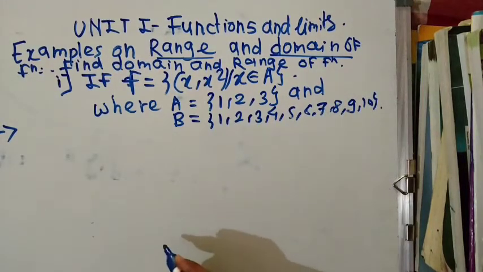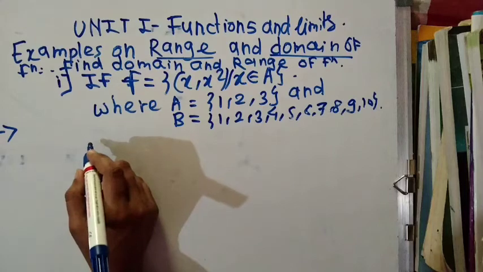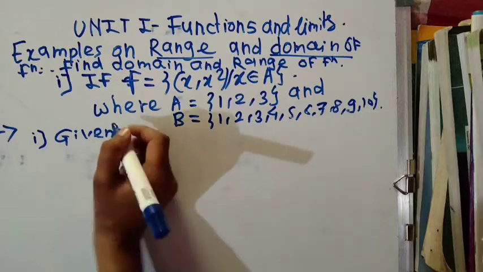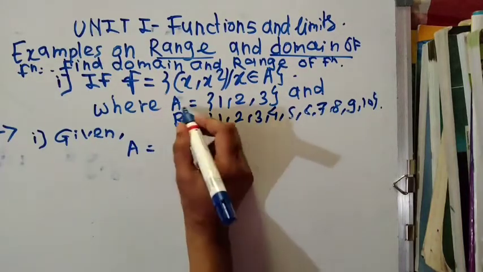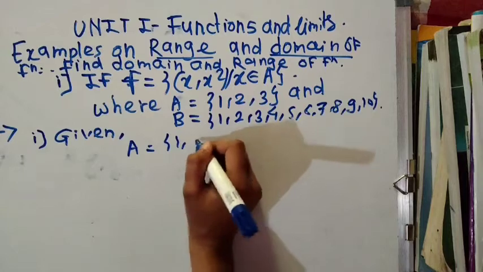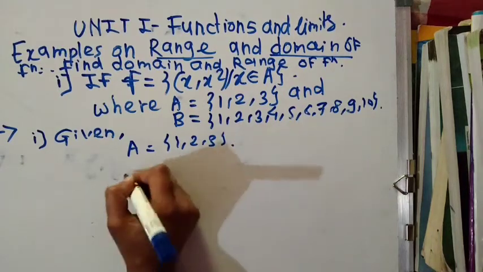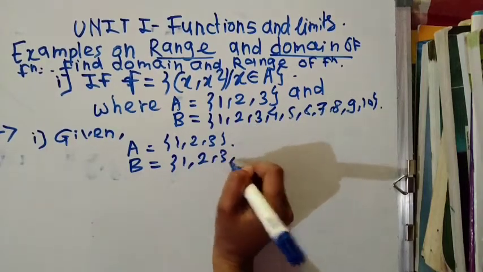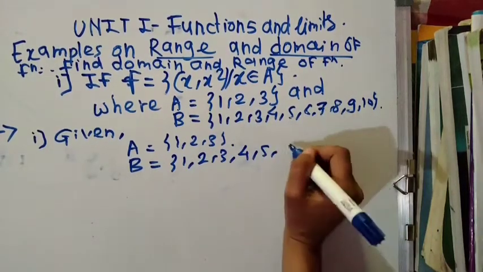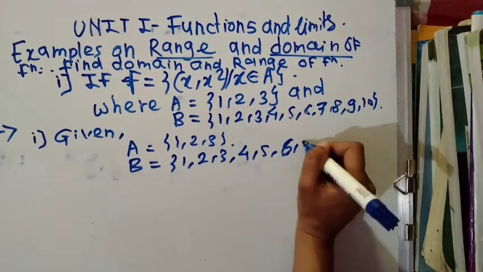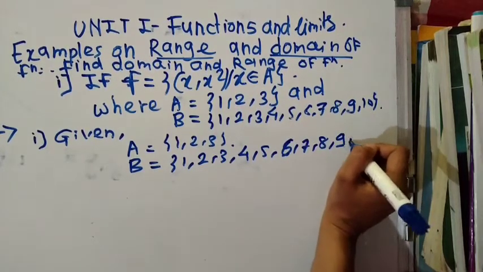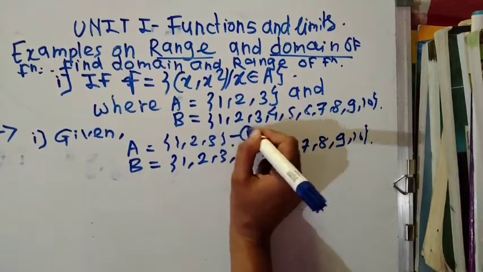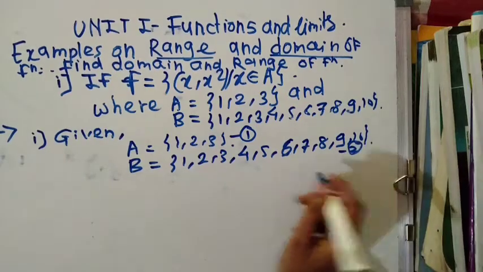So first, solution. It is given that A is equal to 1 2 and 3 and B is equal to 1 2 3 4 5 6 7 8 9 10, up to 10. This is the first set and this is the second.